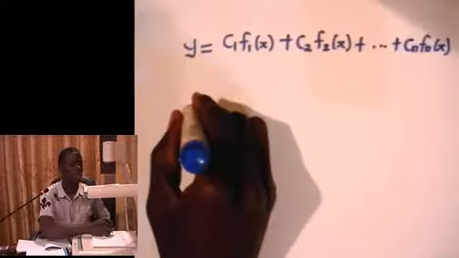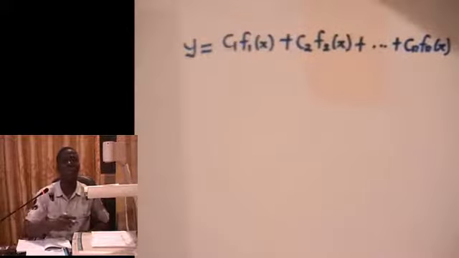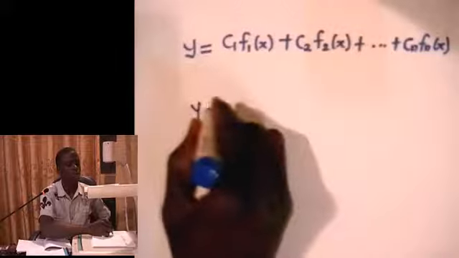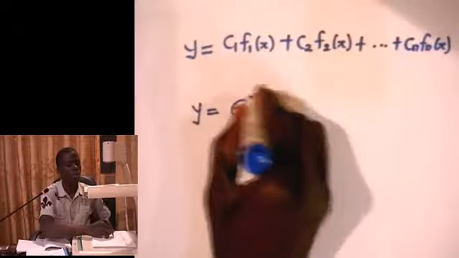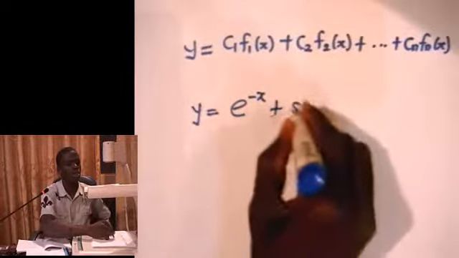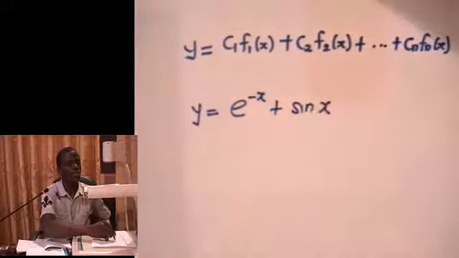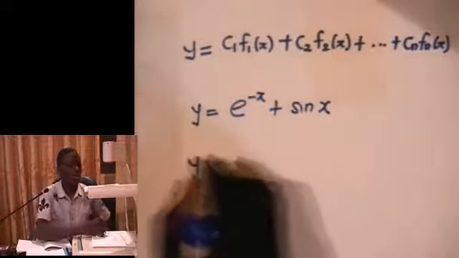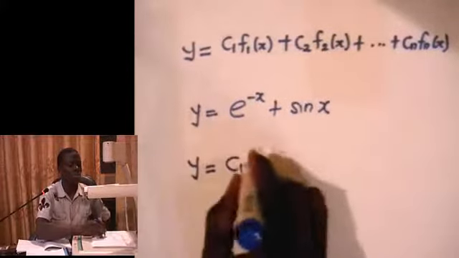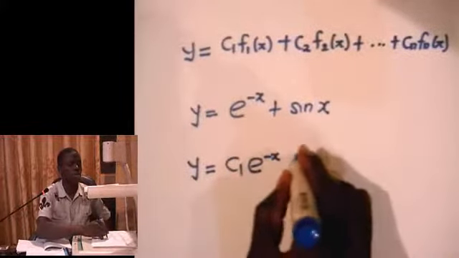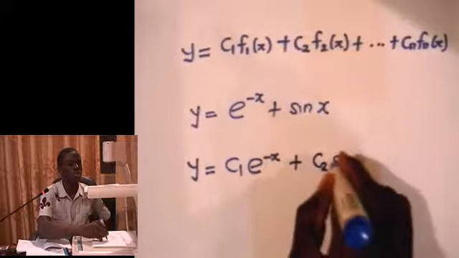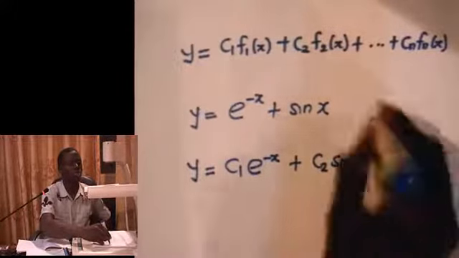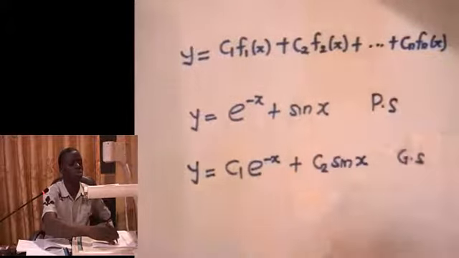On the other hand, we have a particular solution when we have a particular value for the arbitrary constant. For example, y equals e raised to power minus x plus sine x is a particular solution. y equals c1 e raised to power minus x plus c2 sine x is a general solution.